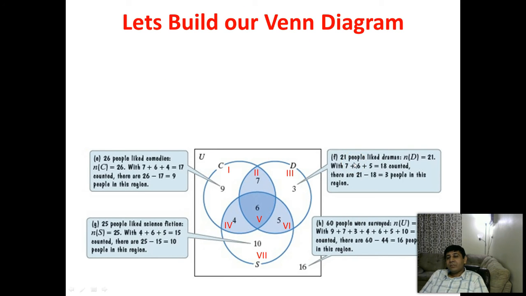Now let's work on region 1. It is given to us that 26 people liked comedies. The comedy circle consists of regions 1, 2, 5, and 4.